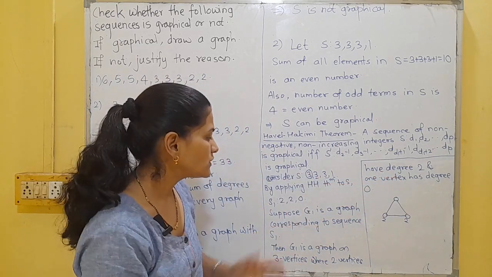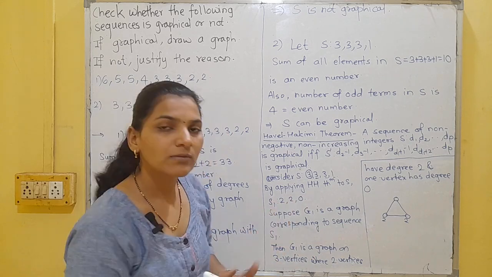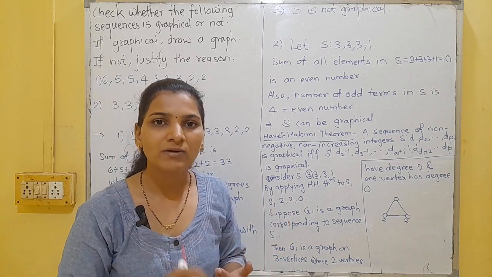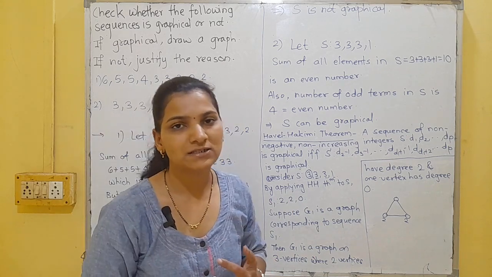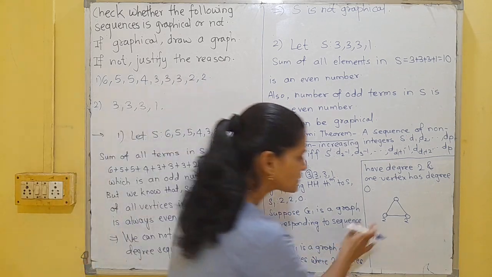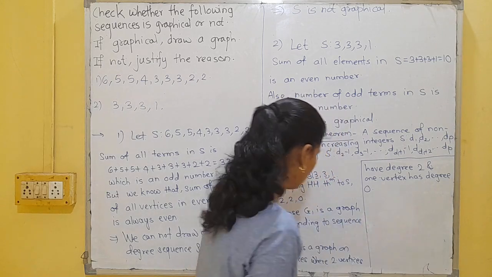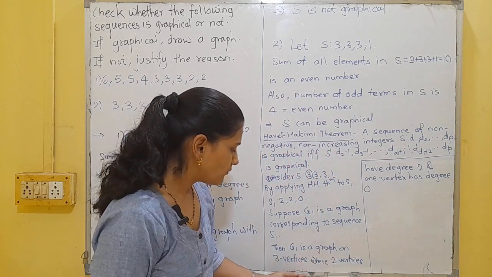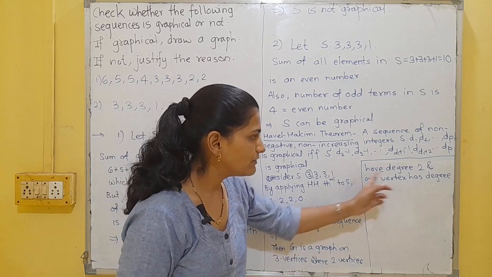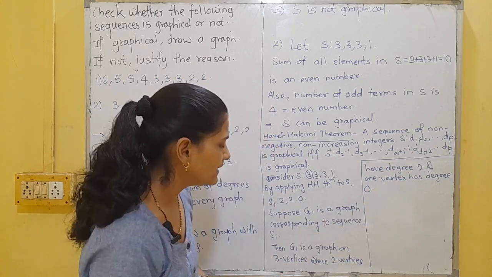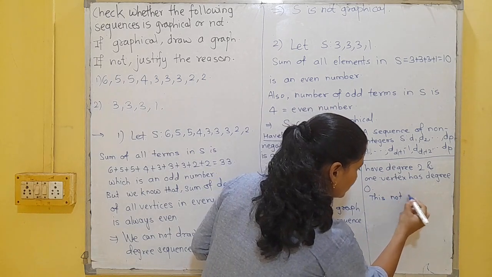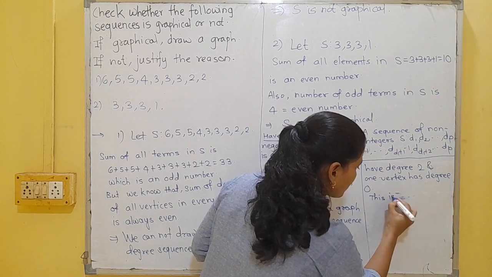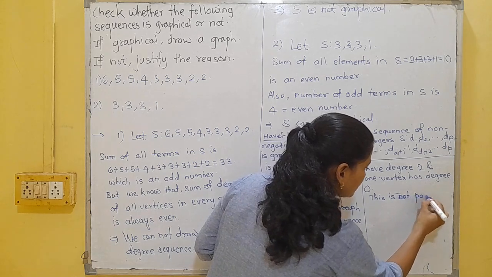So we cannot draw such a graph where the number of vertices is 3, 2 vertices have degree 2 and 1 vertex has degree 0. So S1 is not graphical.